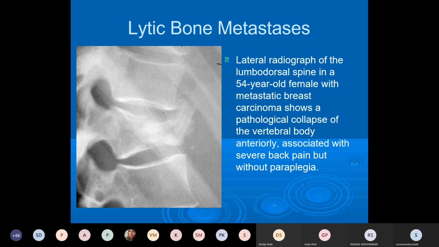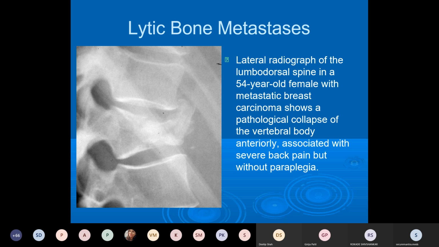Now this is the lateral radiograph of the lumbodorsal spine in a 54 years old female with metastatic breast carcinoma. So as compared to the vertebral body above and the vertebral body below, we can see there is decreased height of this vertebral body. So it is called compression or collapse of the vertebral body anteriorly.